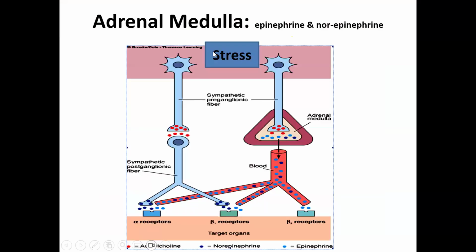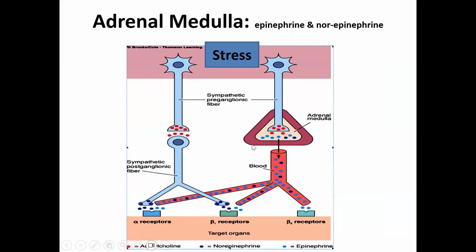Whenever you are in stress, your sympathetic nervous system is stimulated, and the catecholamines like epinephrine and norepinephrine are released from the sympathetic nerves. Some of the sympathetic nerves also stimulate the adrenal gland, the adrenal medulla portion.